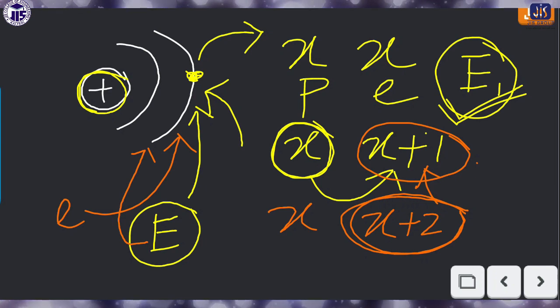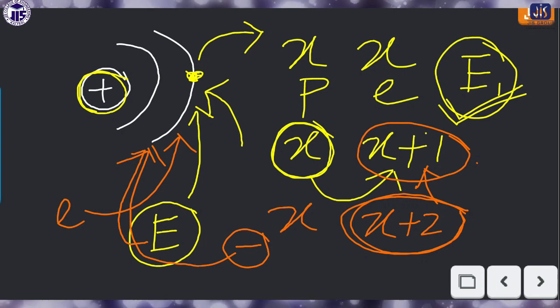So just keep in mind, this is a very important question from your exam point of view. The common form of the question is: why is the first electron affinity positive, whereas the second one is negative? Normally, positive means energy is coming out from the system, and negative means we have to apply energy to the system.